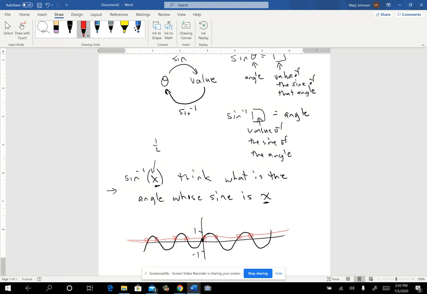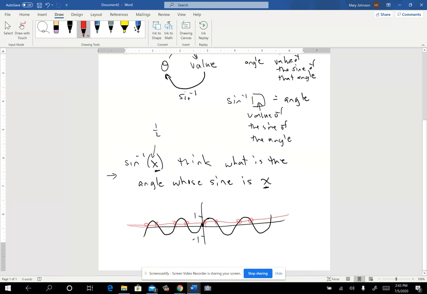And so sine inverse is supposed to be a function. Okay? So that means that when I get an answer to the sine inverse of x on my calculator, for instance, it doesn't give me a whole bunch of angles back. It gives me one angle. Okay? It gives me one angle.